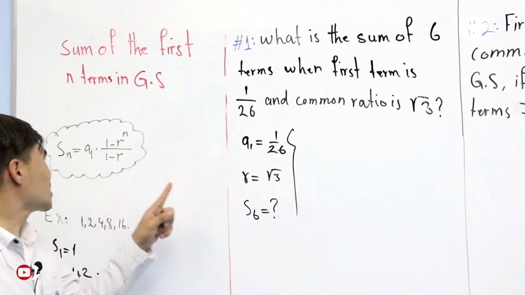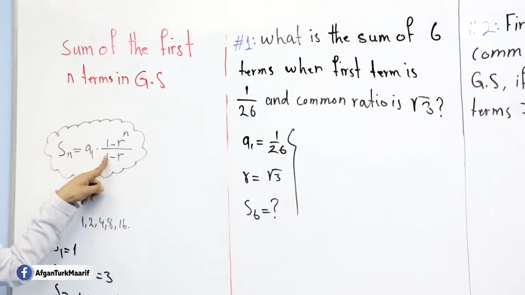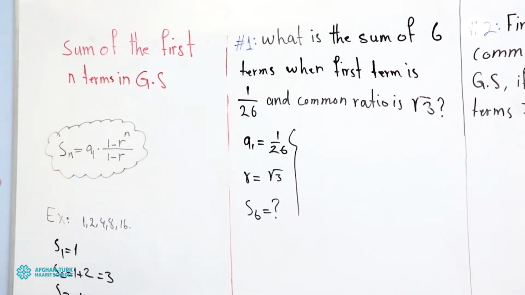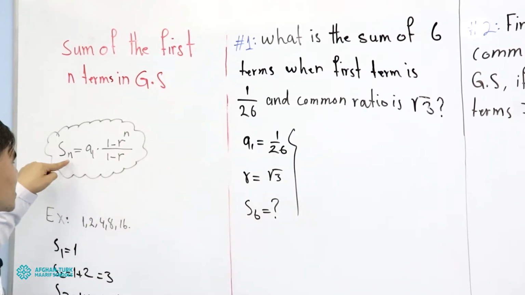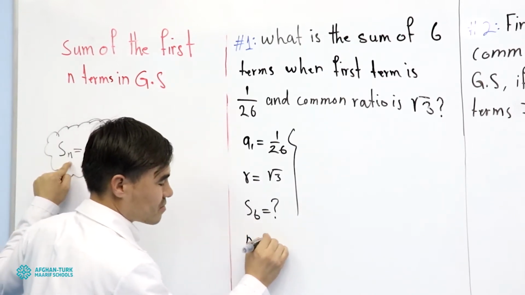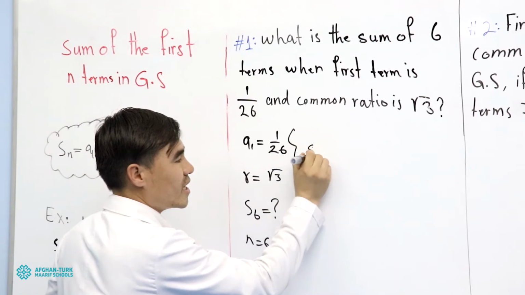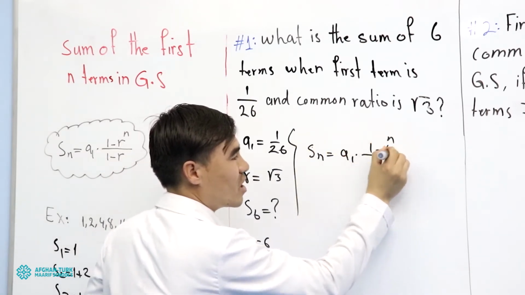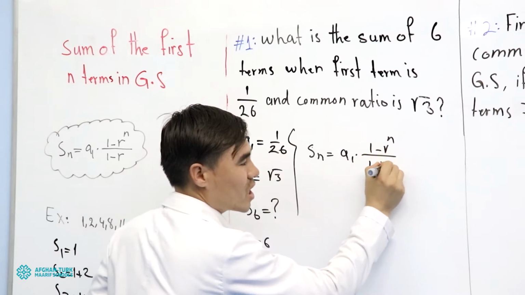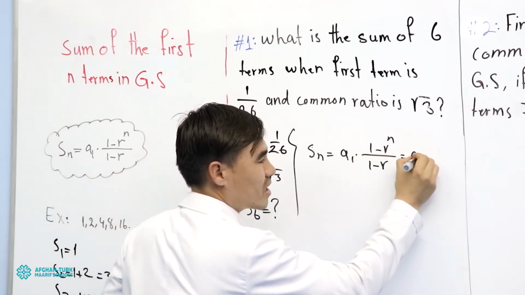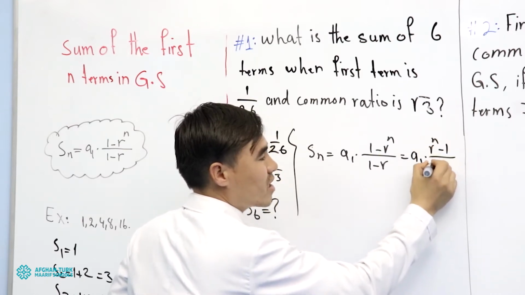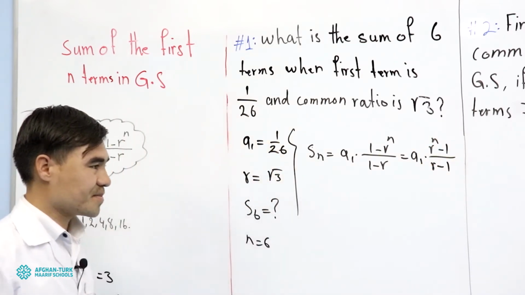We have the formula Sn is equal to a1 times (1 minus r to the power of n) over 1 minus r. Here, n is equal to 6. It doesn't matter, you can also write it as a1 times (r to the power of n minus 1) over r minus 1.